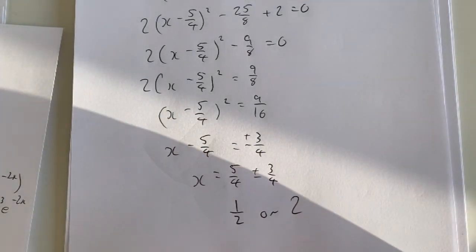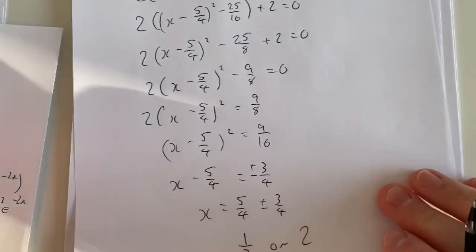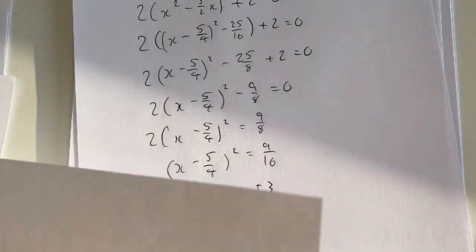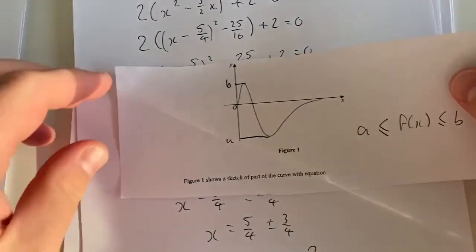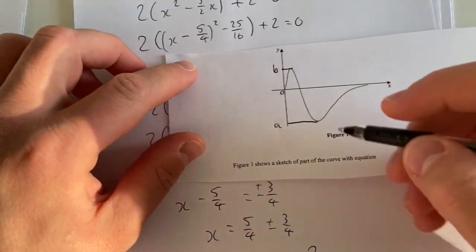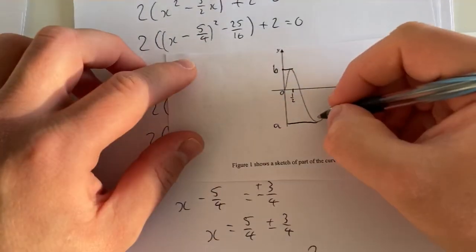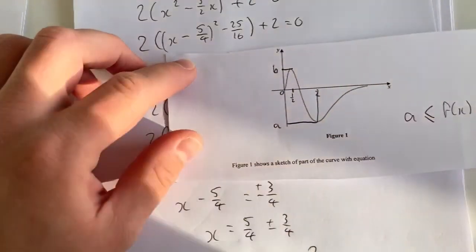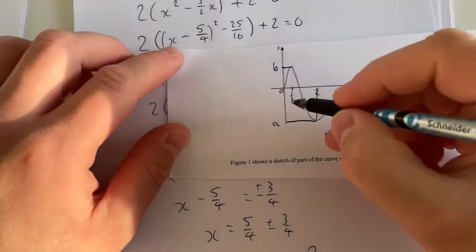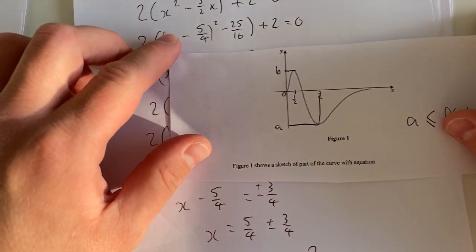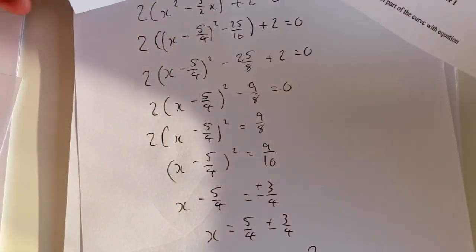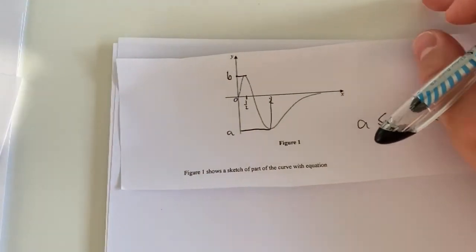So going back to our original graph, if I can find it, there we go. The largest, this coordinate here is when x is 2. This coordinate here is when x is 1/2, this is where x is 2. Nearly there.